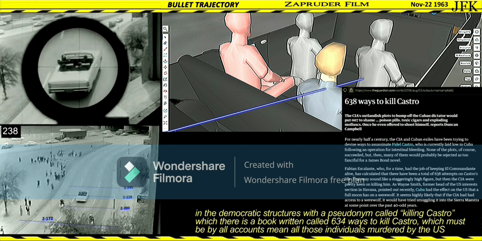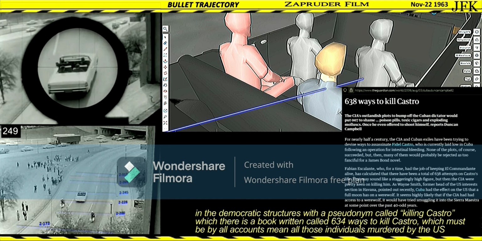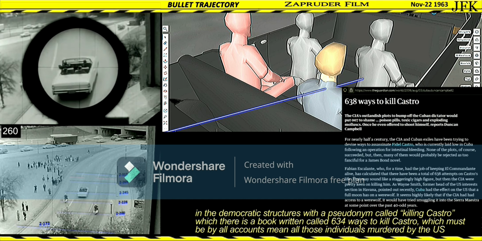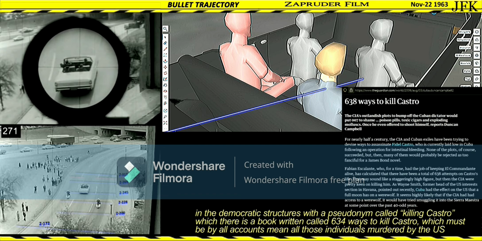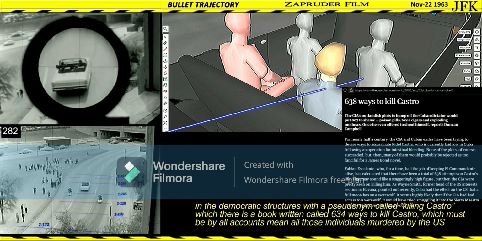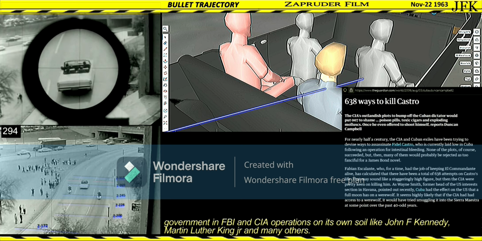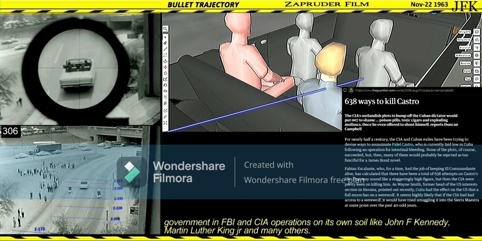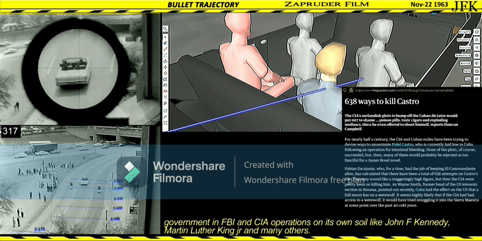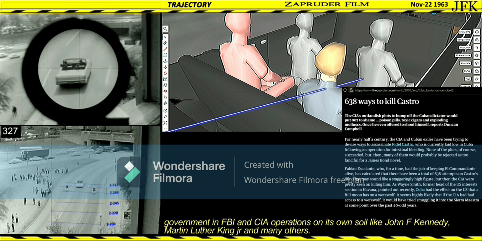There is a book called 634 Ways to Kill Castro, which must by all accounts mean all those individuals murdered by the US government in FBI and CIA operations on its own soil, like John F. Kennedy, Martin Luther King Jr. and many others.